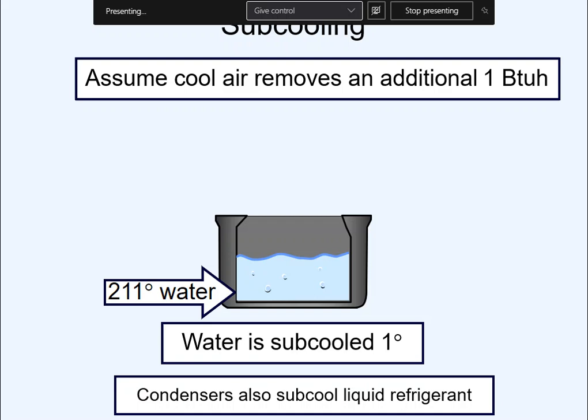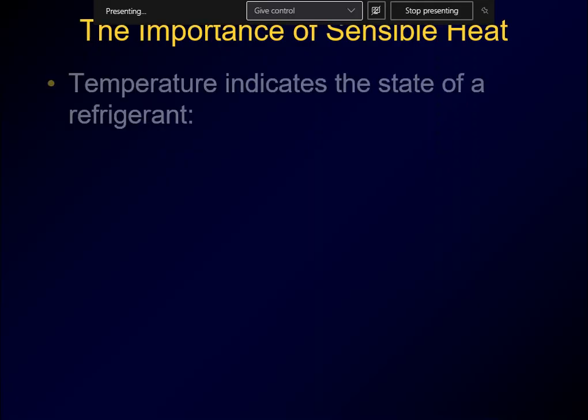But at this point, that water would be subcooled, which means it is 1 degree, or however many degrees, below its saturation point, below its condensing point. So it is 100% liquid, and then it's this many degrees past 100% liquid. Does that make sense? It will, because we're going to cover this a lot. A condenser has subcooled liquid refrigerant, so that's where we're really going to talk about that.